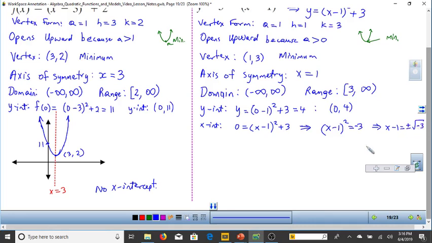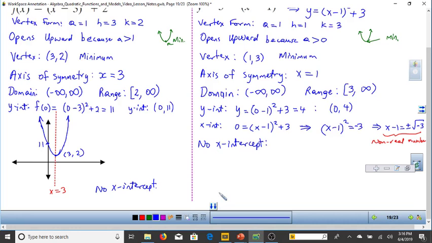That does not give us a real number answer. So since this gives us no real number solution, then we know that there is no x-intercept.